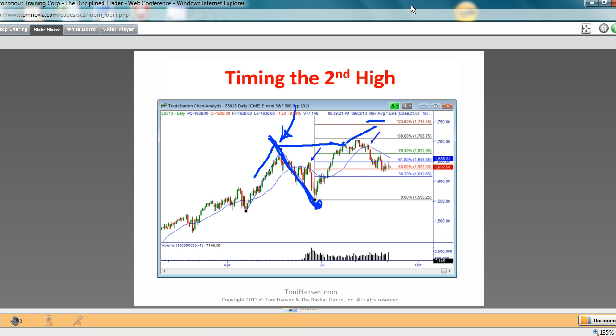So a channel break like this is typically a strong resistance level in and of itself. And when prices retest that level, it becomes a zone where it's quite common to see momentum shift. And a lot of times you might see an absolute high hit or hold at that level as well. So this corresponded to the 76.4% Fibonacci expansion here and helped slow the momentum going into the 100% expansion.